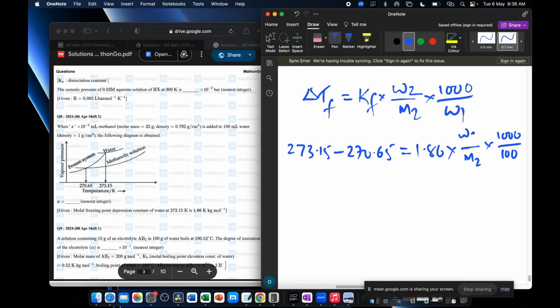So W2 is not given in the question, but W2 can be calculated using density equal to M by V. So M equals density into volume, from which you get the mass W2. Density is given as 0.792 into volume. So the volume of water should be calculated.